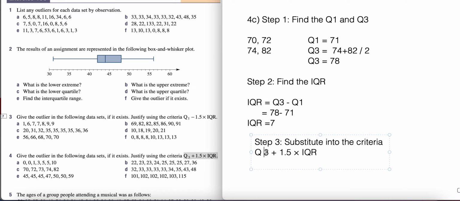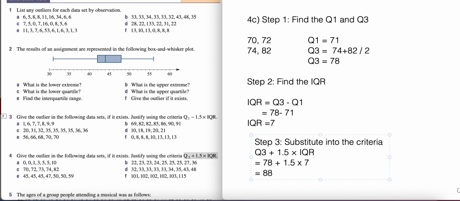Q3, which is 78, plus 1.5 times your IQR, which is 7. Alright, so if I put that in my calculator, 1.5 times 7, I get 88.5.